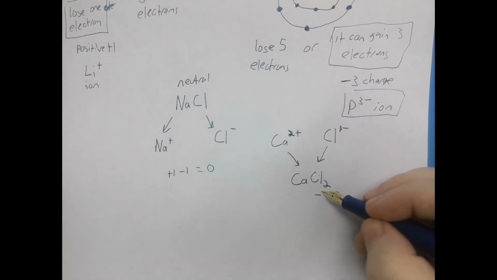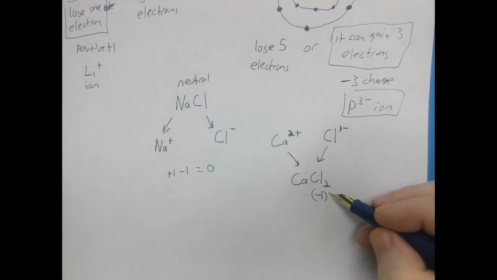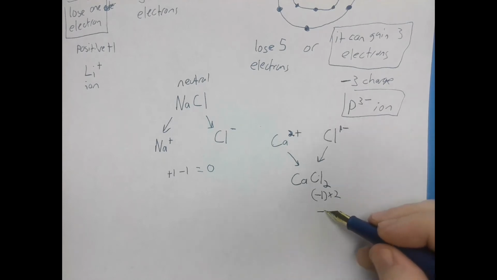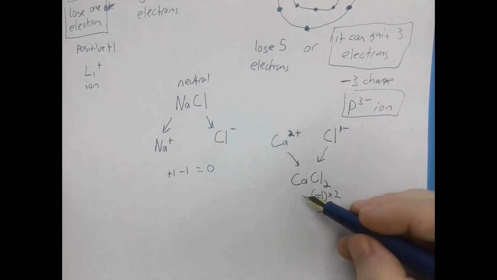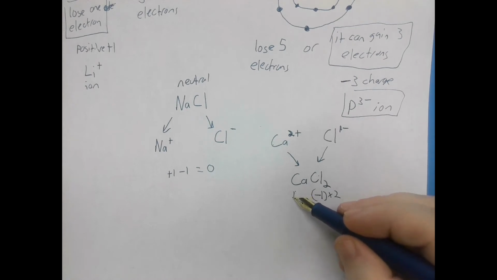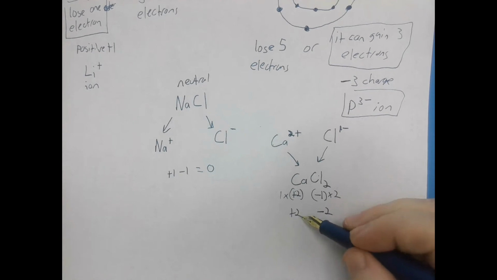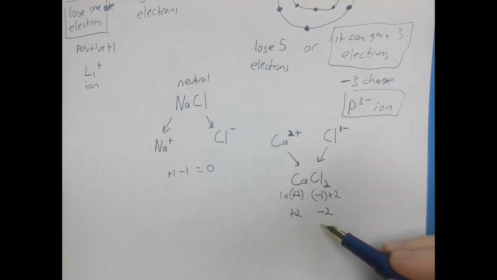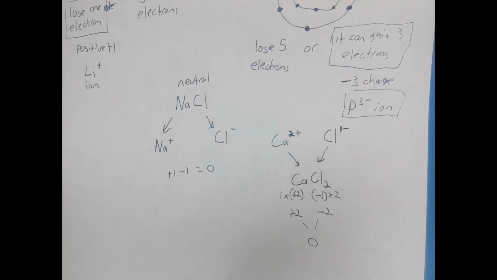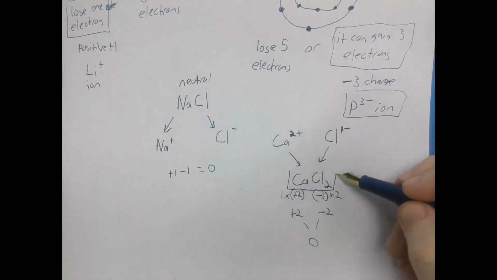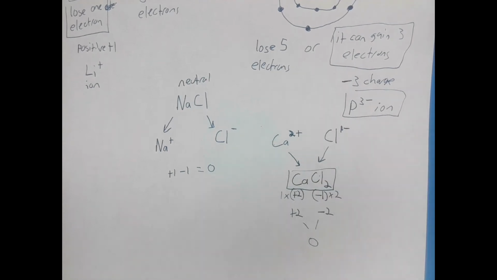This has negative 1 charge, but there's 2 of them, so overall this has a minus 2 charge. And this has a plus 2 charge, and there's 1 of them. Plus 2 and minus 1 add up to 0 charge. So this is the chemical formula for calcium chloride.